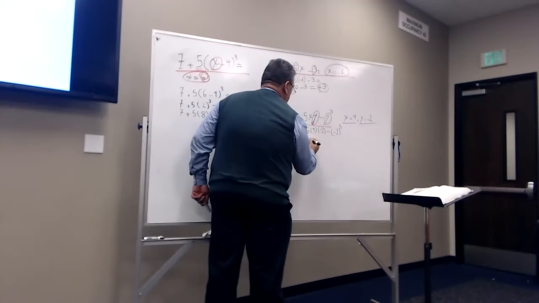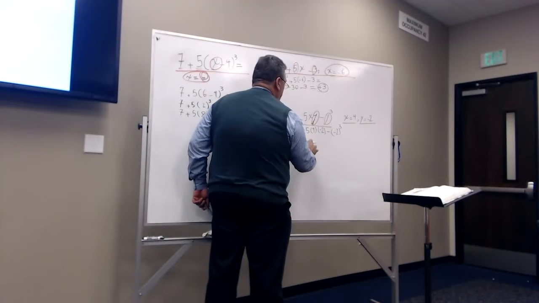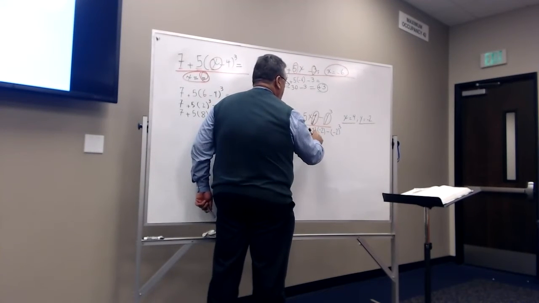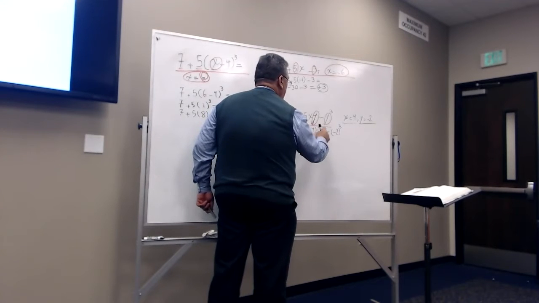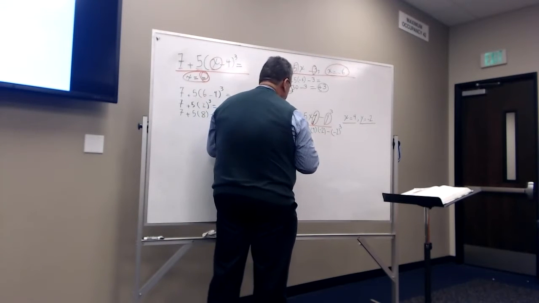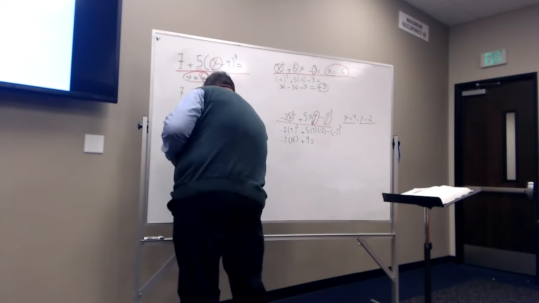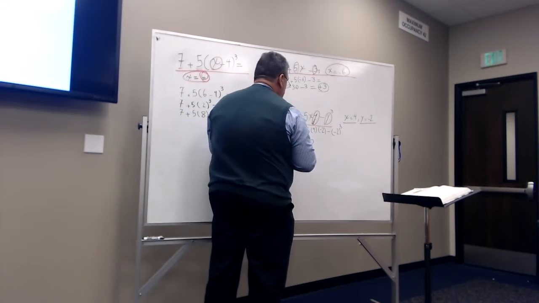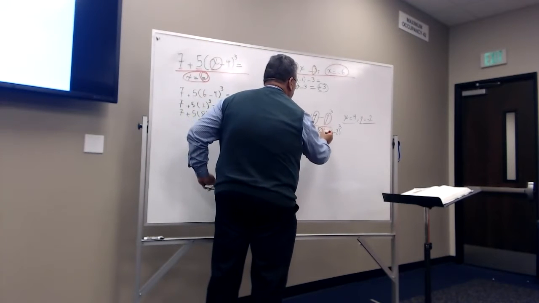Here we have 5 times 4. What is 5 times 4? 20 times 2. 40. What should be the sign? Because this is negative.